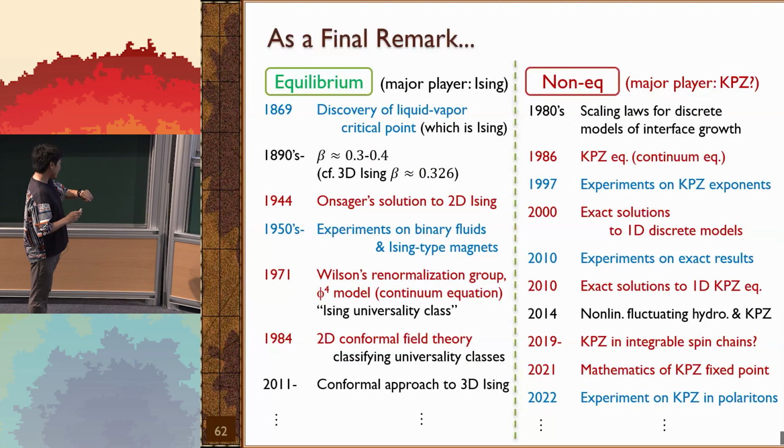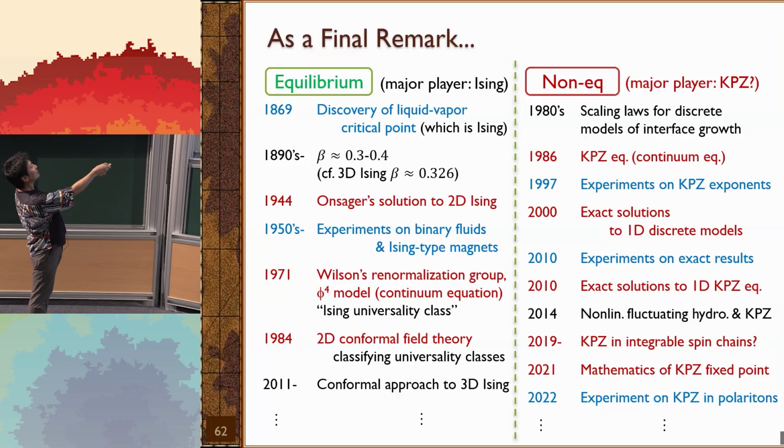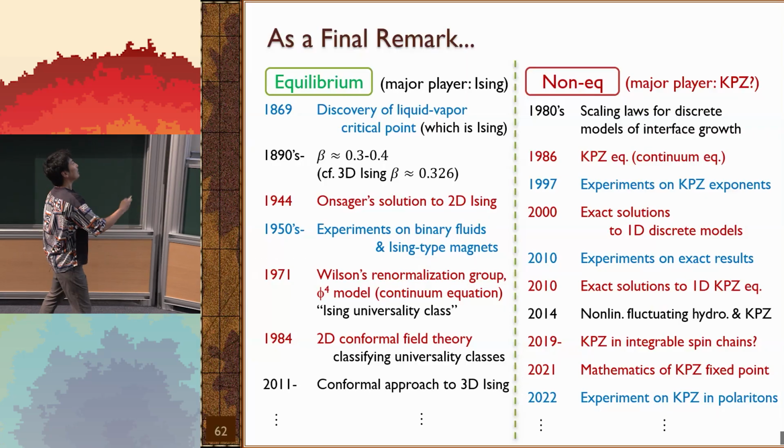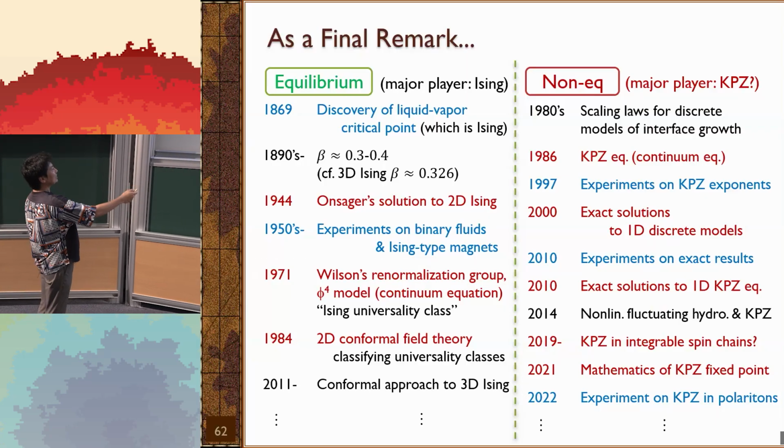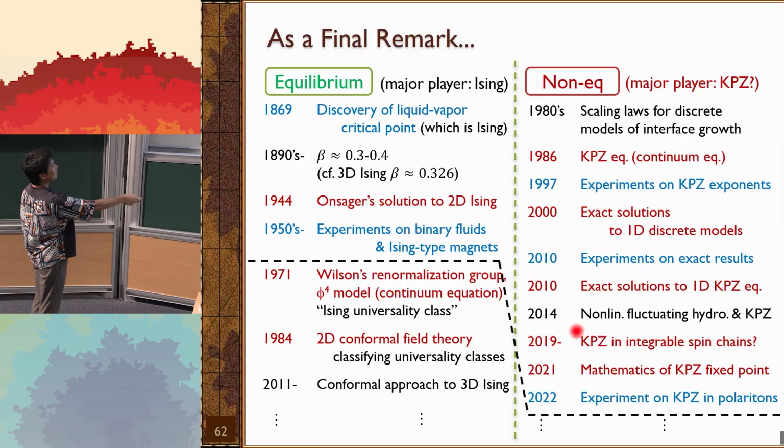Then I'd like to end my lecture by going back to this history, which I showed in the beginning. The left half is the history of equilibrium critical phenomena, and the right half is the history of the KPZ class. If we compare the two histories, now we have many exact solutions.